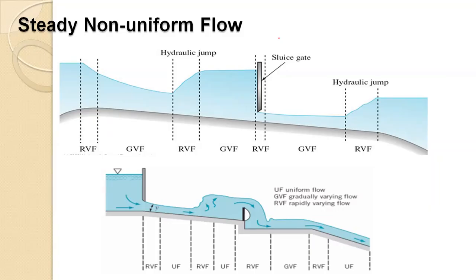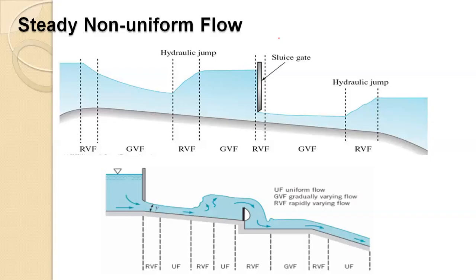Now with respect to space, if you have a steady flow, if the velocities are different at different points, then the flow will become a non-uniform flow. When you have different velocities, that means something is different in the channel section, right? That's how the velocities can be different.